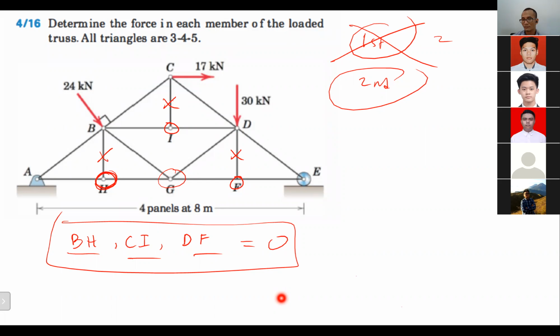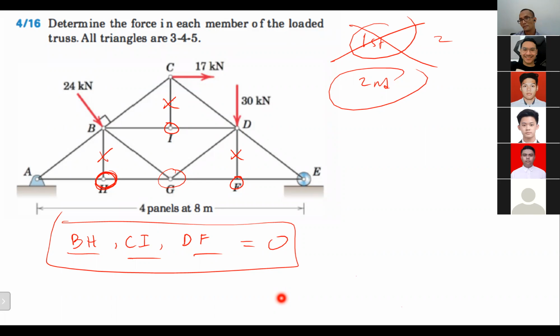Matthew, can you recheck your homework for me? Sure. Okay, Samuel, you want to say something? It's correct. These 3 are zeros.